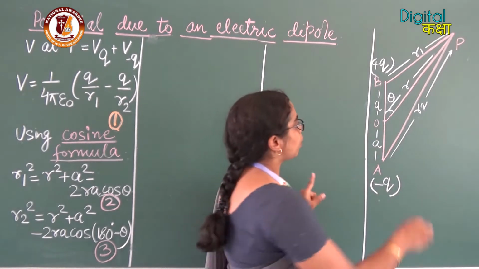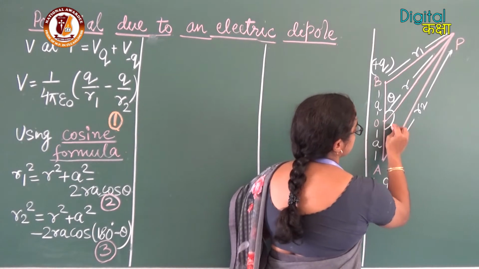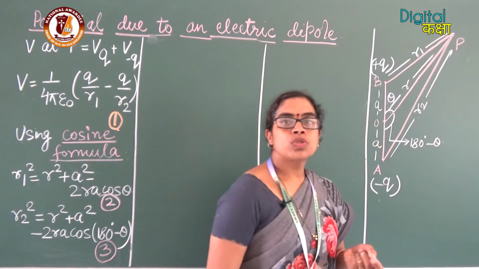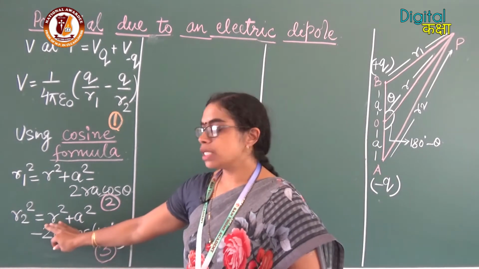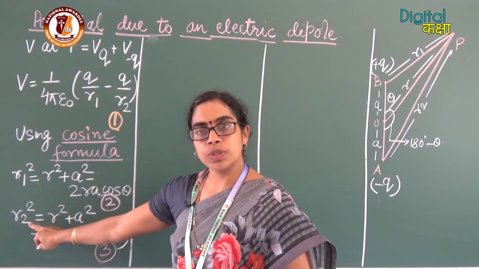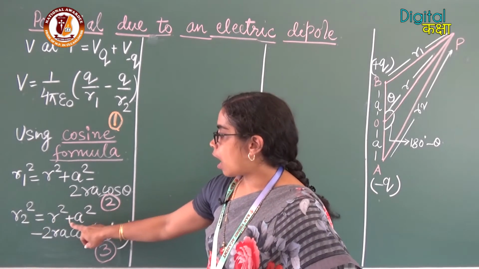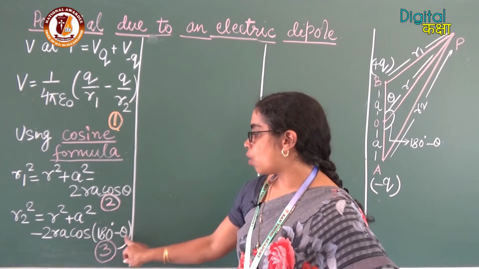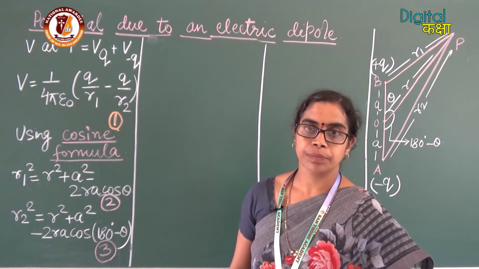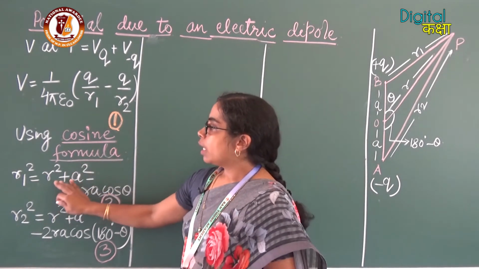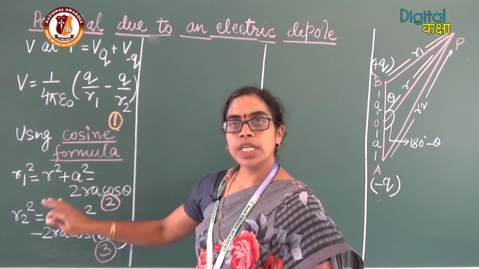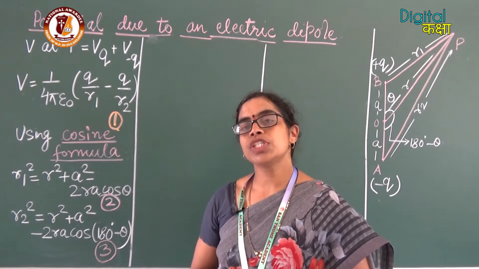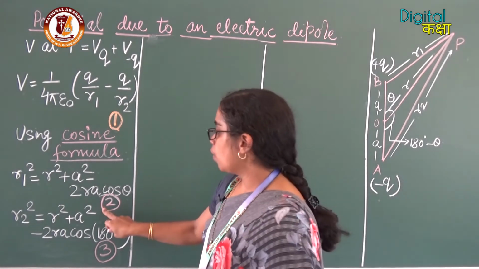In this triangle POA, this angle is equal to 180 degree minus theta. So when we apply the cosine formula in this triangle, R2 square will be R square plus A square minus 2RA cos of 180 degree minus theta. This cosine formula is needed to get the values of R1 and R2, which are to be substituted in equation number 1.